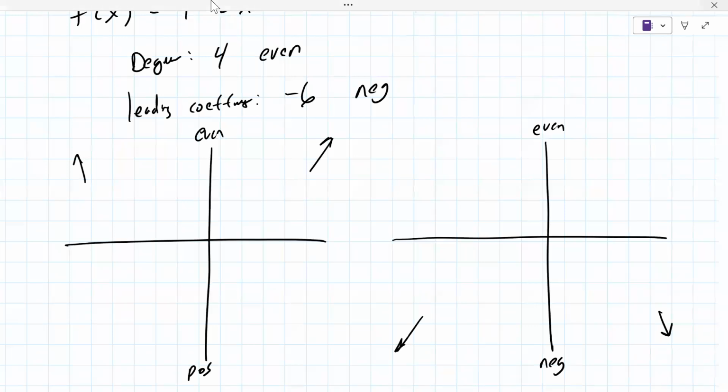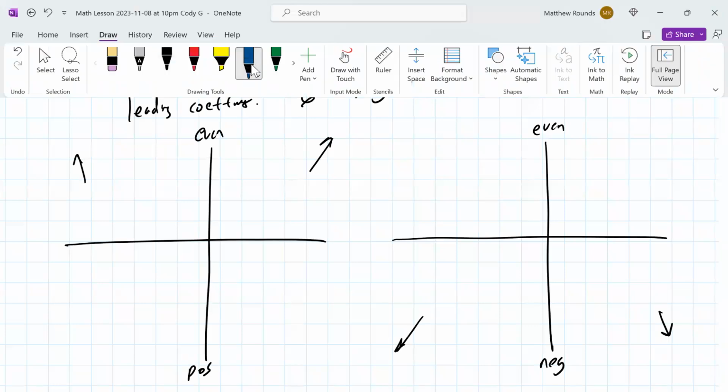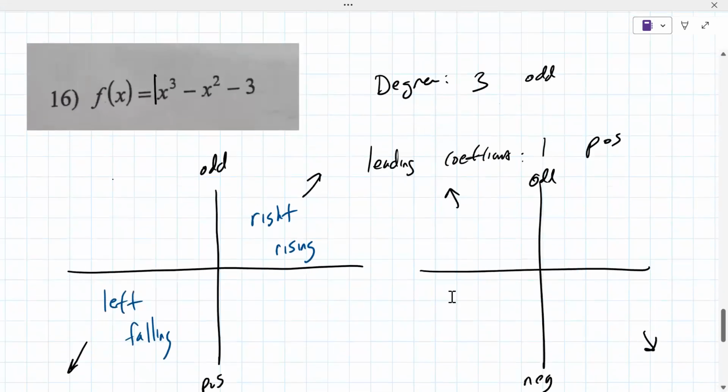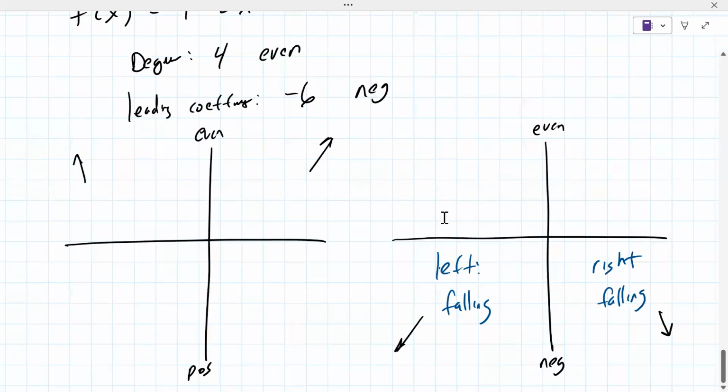Okay, so on the left here, is it rising or falling? On the left, it's falling, and on the right, falling. Good. Okay. So here's what you have to be able to do. You have to be able to memorize, remember these 4 graphs. So my question to you is, how do you remember important stuff?